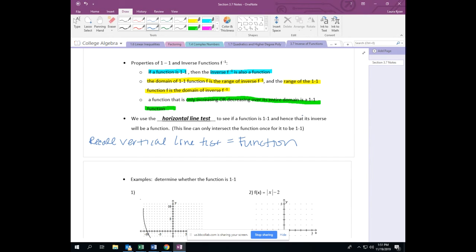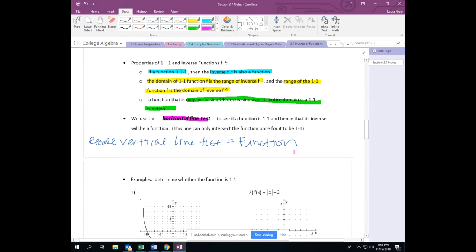Now, very similar to the vertical line test, we have what's called the horizontal line test. And the horizontal line test checks for one-to-one. So it says almost the same thing, except now we're dealing with a horizontal line instead of vertical.